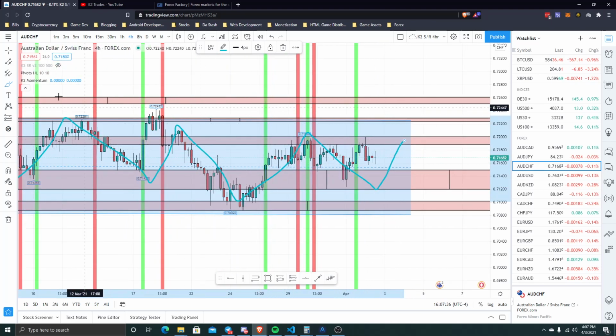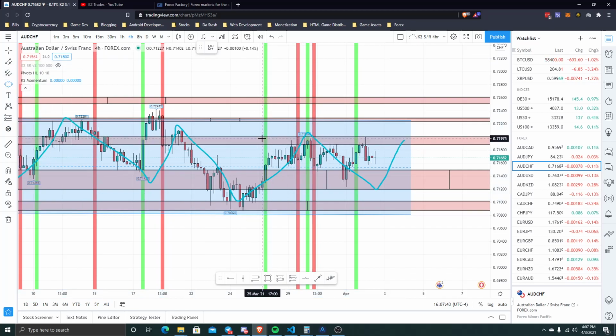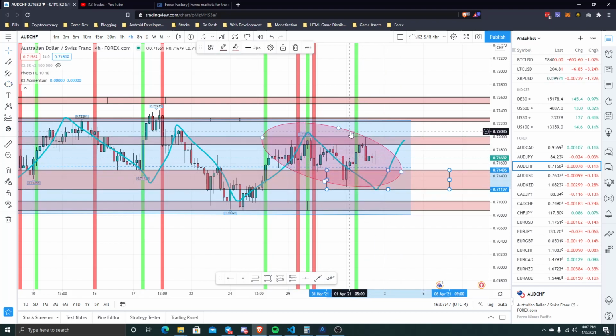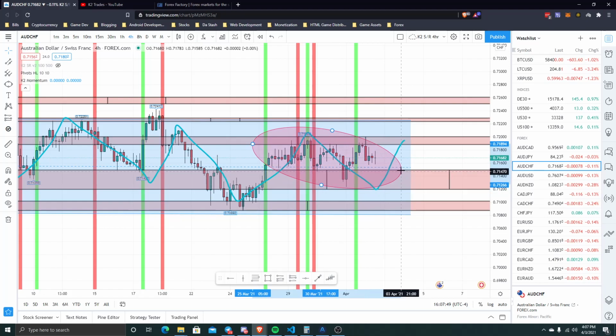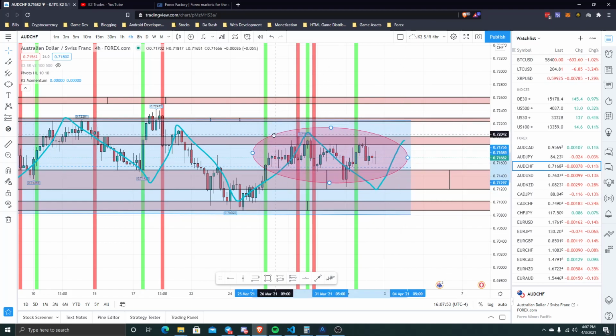And even in this little point right here, as you can see, from here to here, it's been in the range between these two zones since March 26th.